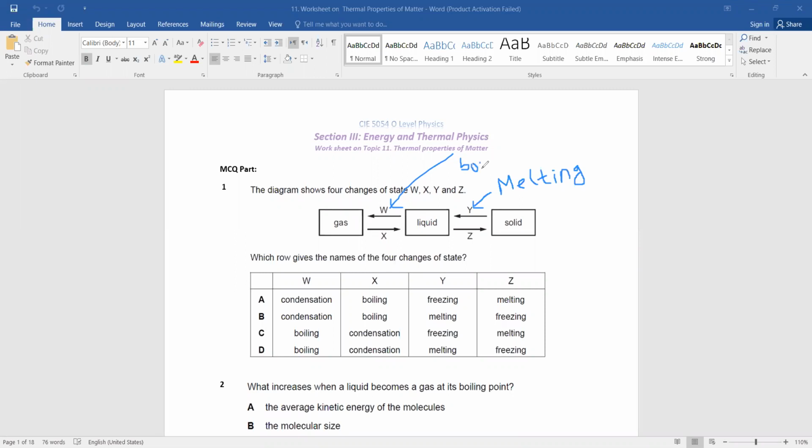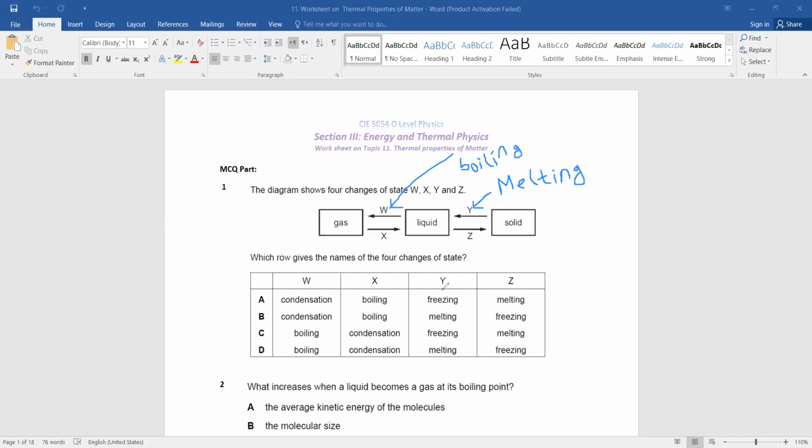Now can you tell me from gas to liquid what it is? Evaporating? It's gas to liquid.